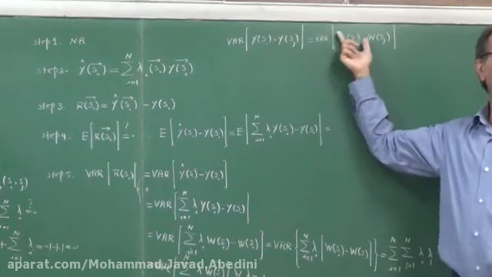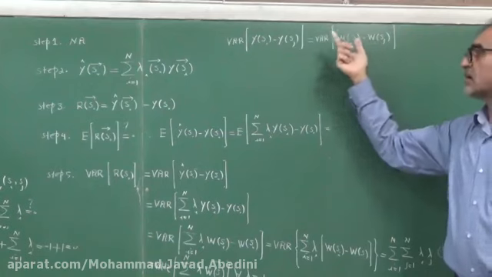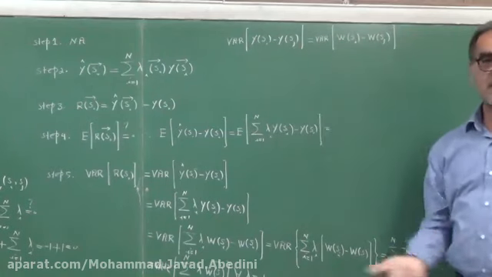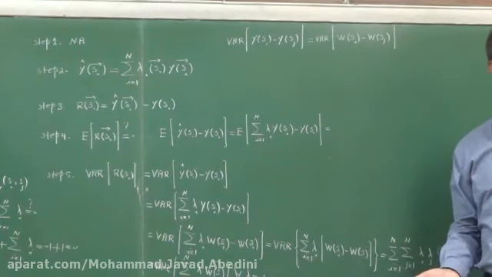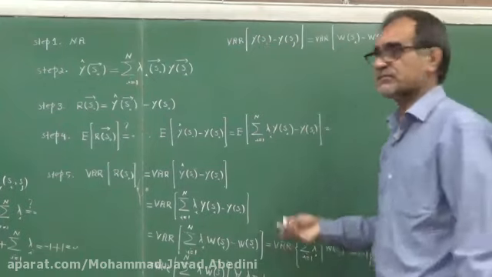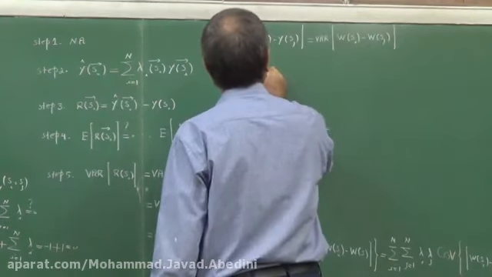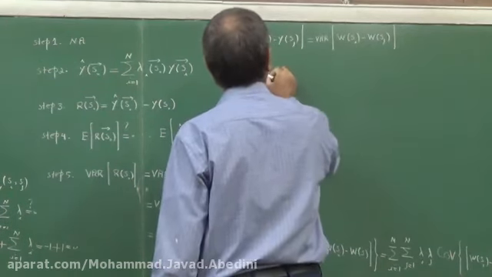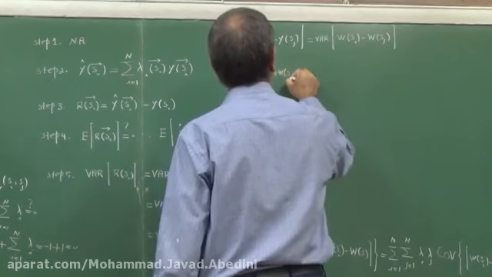Variance of this is equal to variance of this y. M is value. If you replace this with what? M at Si plus W at Si.